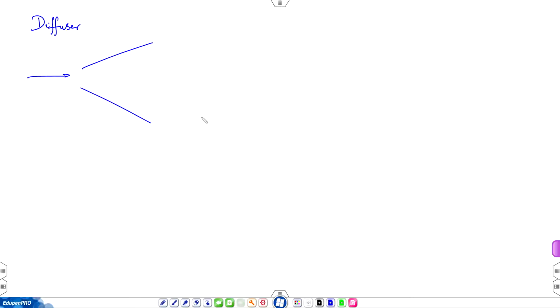Usually, what is the cross section of a nozzle or a diffuser? I am not showing it. What is the cross section? Circle, right? Circular cross section. So it's like a conical. That would be a conical diffuser. You can also have a rectangular diffuser, square diffuser. Conical is common.